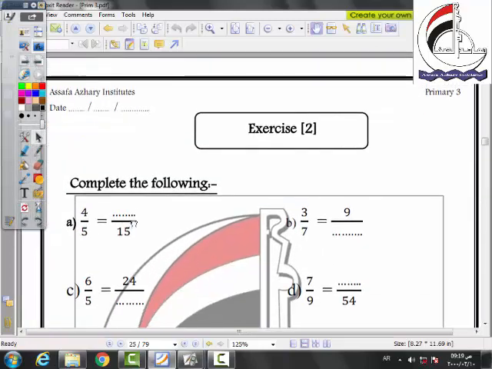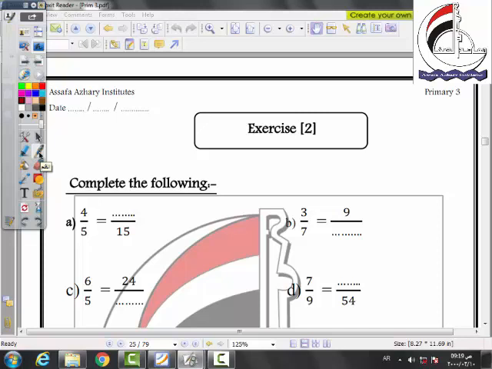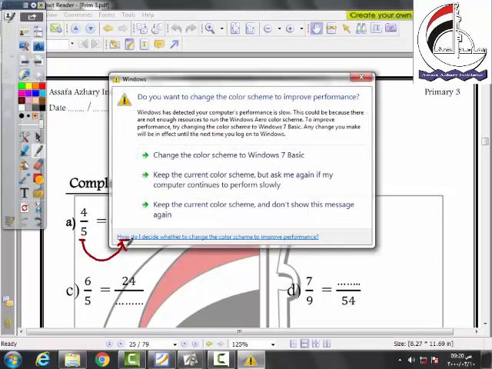Let's solve examples. 4 over 5 equals space over 15. We have the denominator of the first fraction and the denominator of the second fraction. The 5 will be 15. The number increased. In case of increase, we multiply.